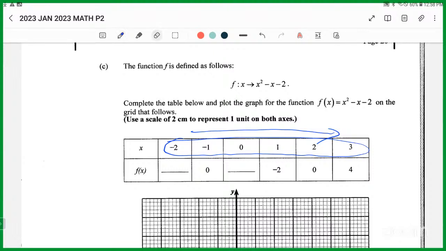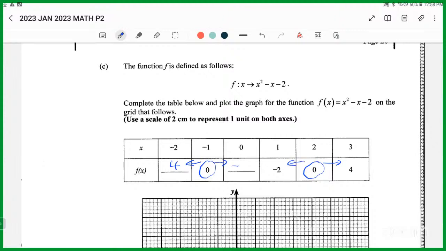It means that these y values are going to be symmetrical about a line of symmetry. So this 0 corresponds to this 0. So going on from this 0 must reach 4. Going in from this 0, same as coming in from this, so this is negative 2.